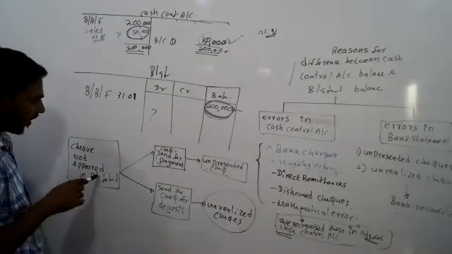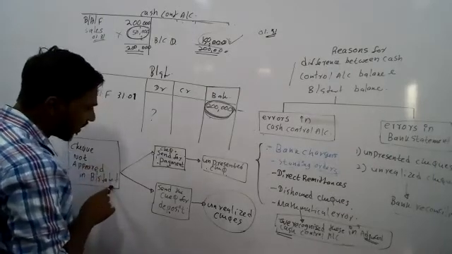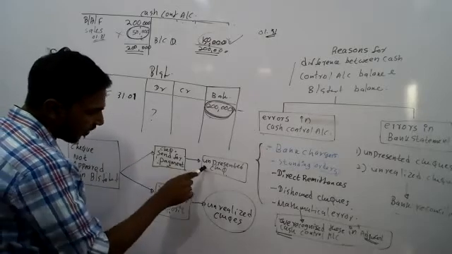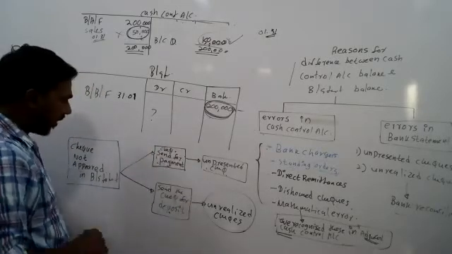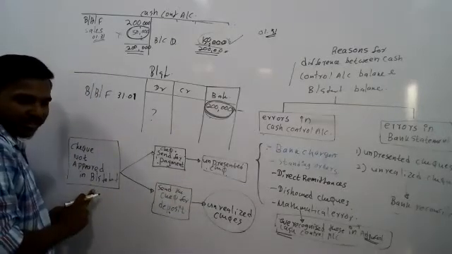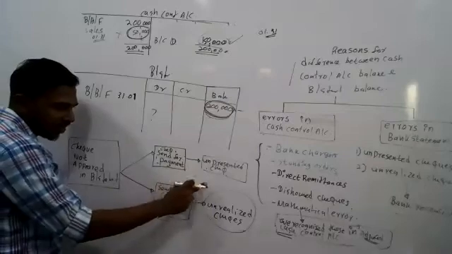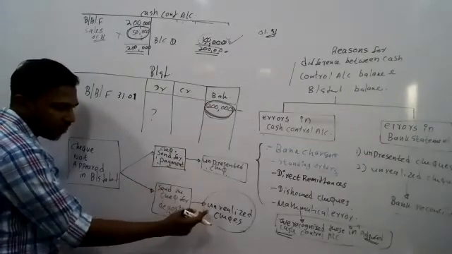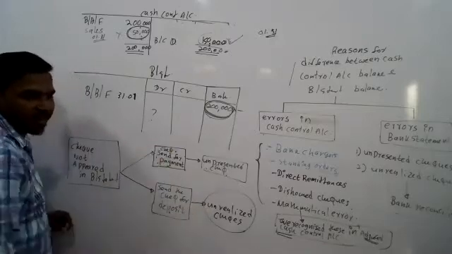Clear? The common thing between unpresented and unrealized is not appearing in the bank statement. Whether it's unpresented or unrealized depends: if you send it for payment, it's unpresented; if you send it for deposit, it's unrealized.